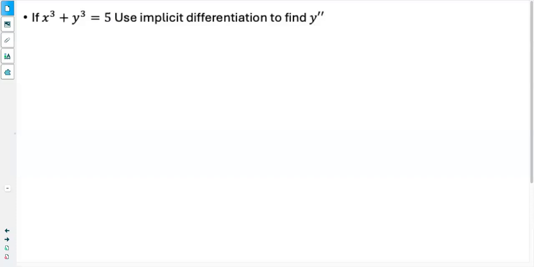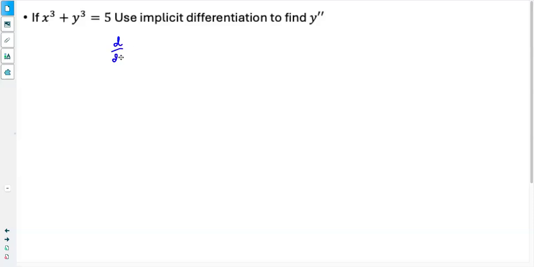Okay, next example. We can also deal with implicit differentiation with this. So we've got: if x cubed plus y cubed equals 5, use implicit differentiation to find y double prime, our second derivative of y. So we'll start by taking the derivative of both sides.